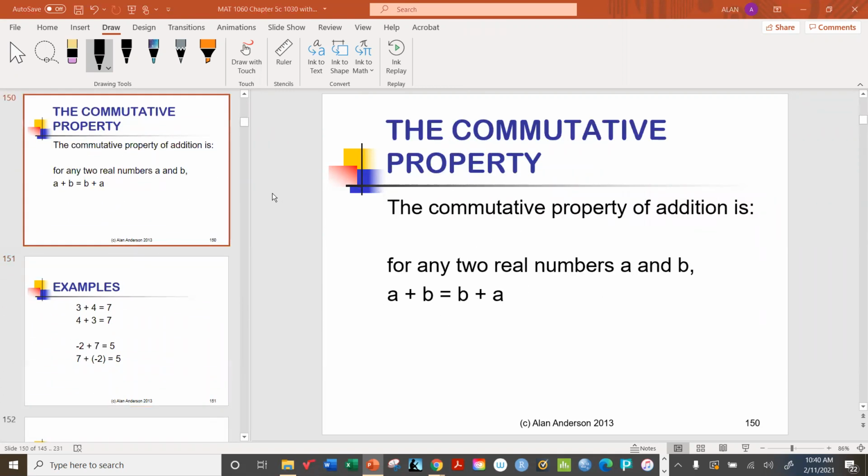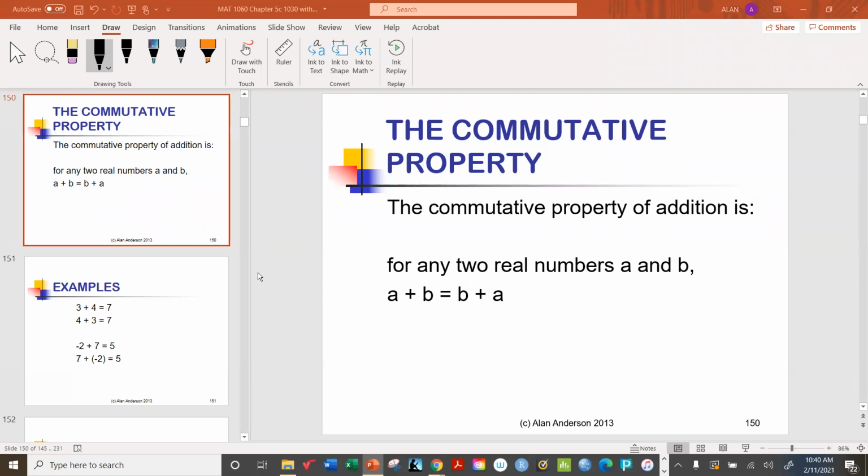So basically what this is telling us is that the order in which I add two real numbers is irrelevant. In other words, if I have two numbers A and B, A plus B equals B plus A. Now, like I said, intuitively, everybody knows this, but you might have forgotten that this property actually has a special name. It's called the commutative property. And you can see we're applying it for addition.